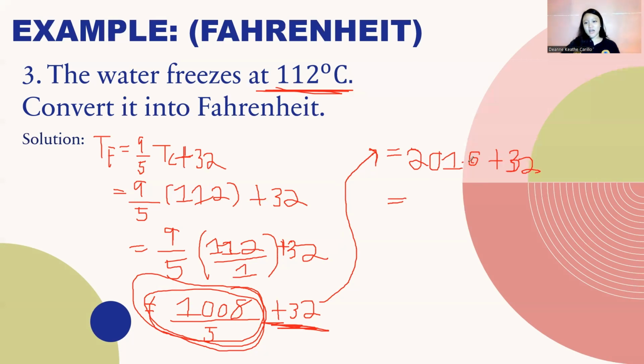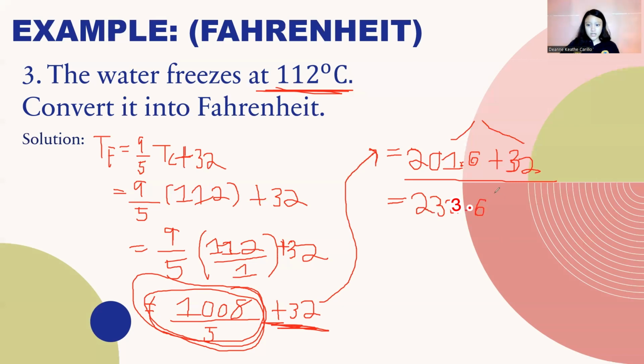Now, to get an answer here, we should add this up. 201.6 plus 32 equals 233.6.